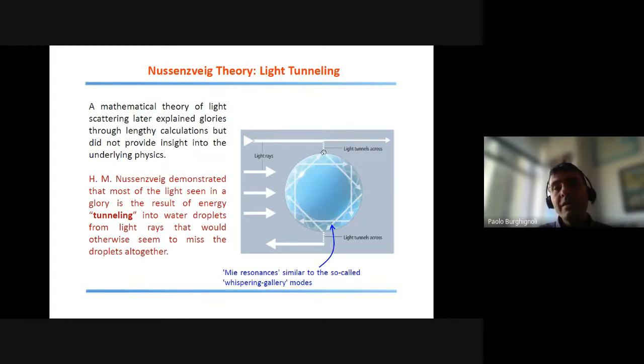This tunneling, which occurs via evanescent waves, so again, complex waves, is able to let some power enter the droplet. And once it's inside the droplet, this incident ray starts bouncing inside, thus forming a resonant pattern. And that's a sort of optical resonance.